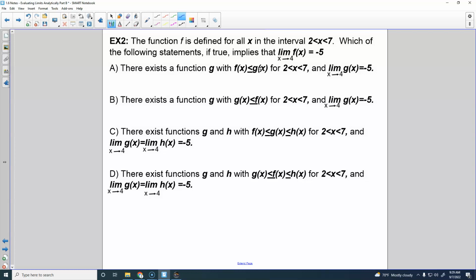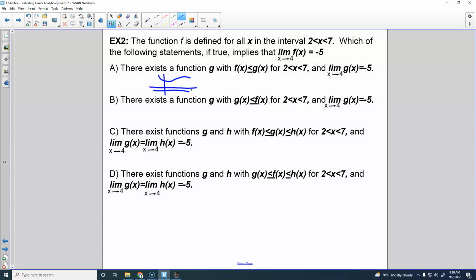That doesn't really tell us anything, right? Because that could look something like this. g could be up here, and f could be way down here, right? They don't have to touch if that's the case. So that does not really tell us anything.